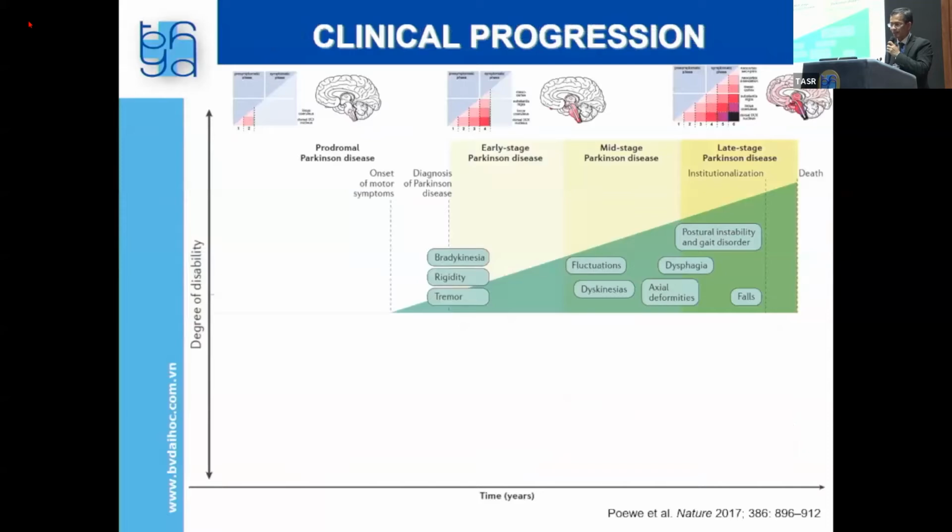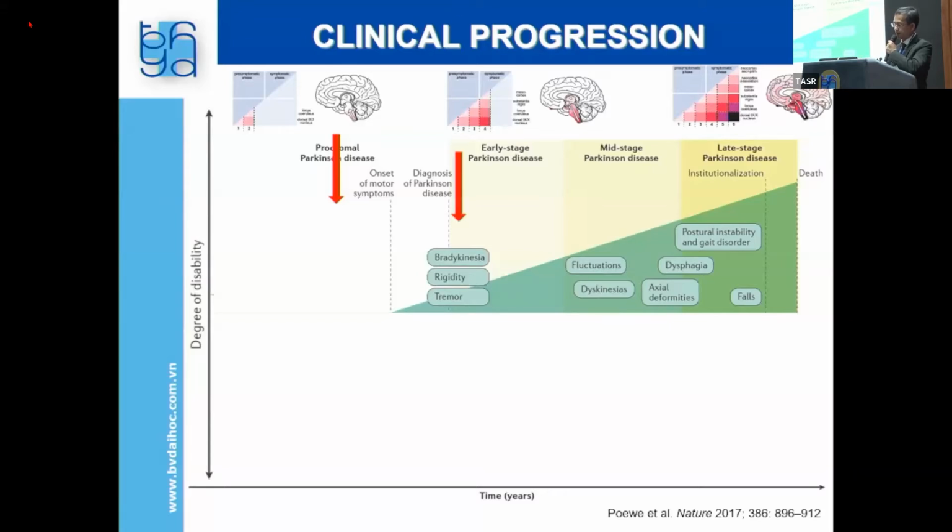So how about the clinical progression? With the Braak hypothesis, you also see the timeline of progression of Parkinson's disease clinically. In stage 1 and stage 2 of the hypothesis, we have prodromal Parkinson's disease, and at that stage we don't have motor symptoms.